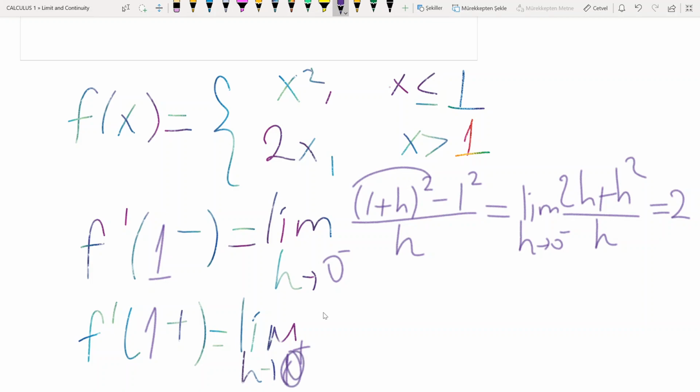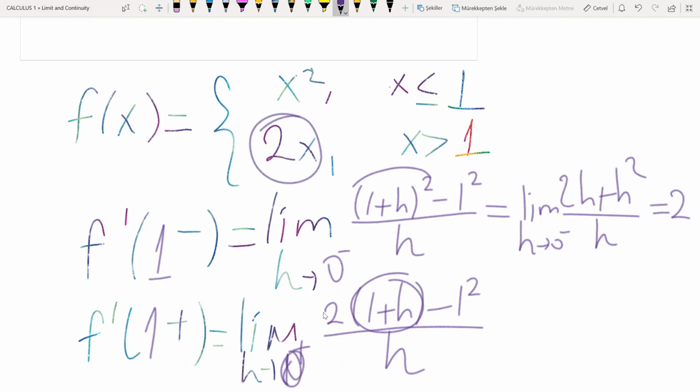What about this one? We have 2 times (1 plus h) minus 1 squared divided by h. How do we get 1 plus h here? 2 times (1 plus h) is coming from the definition of the function. Do not forget the function.